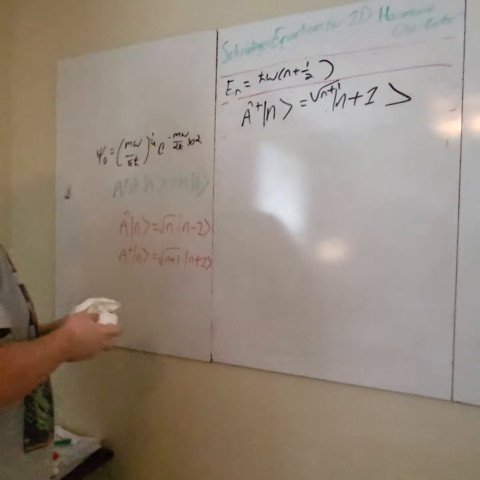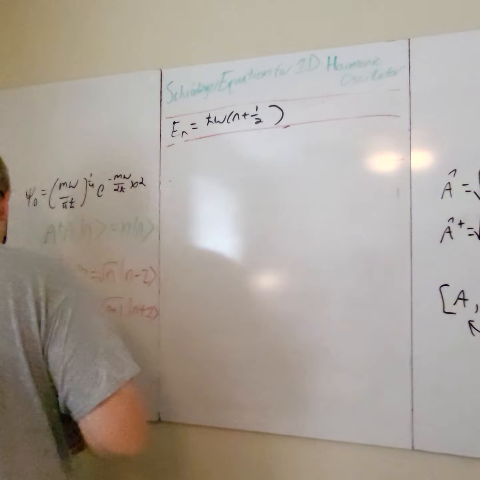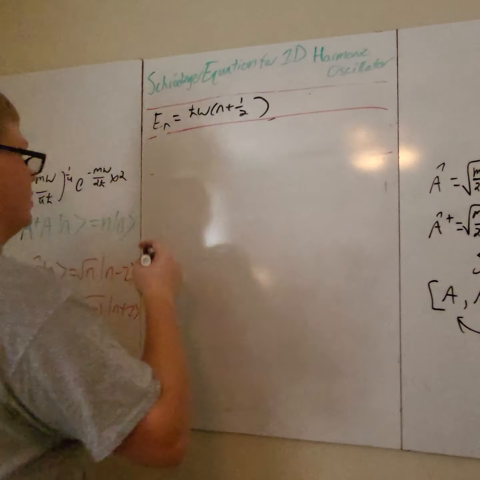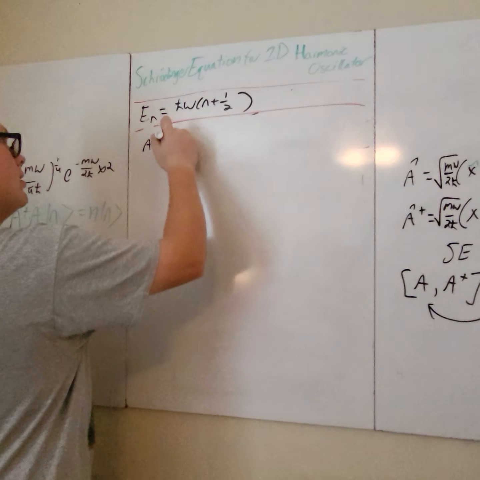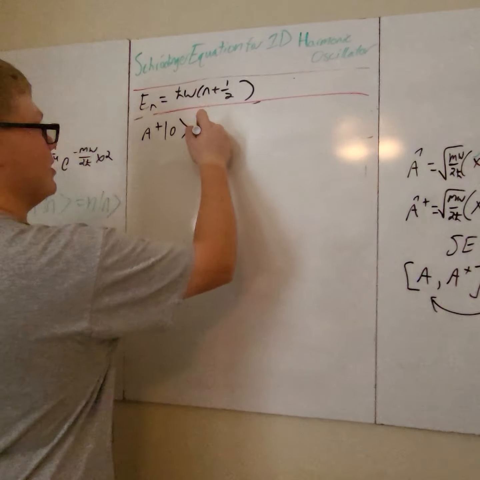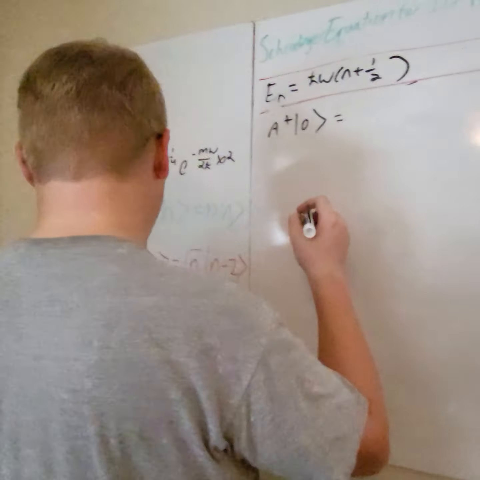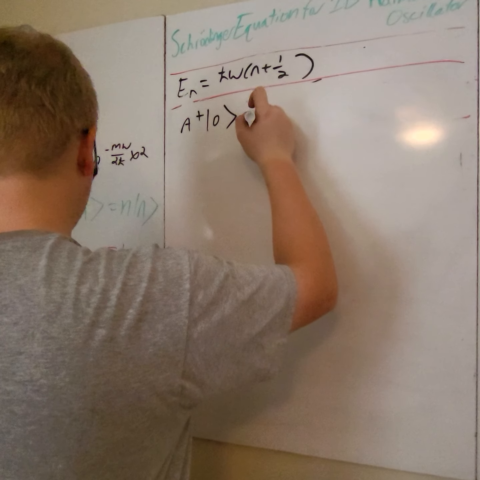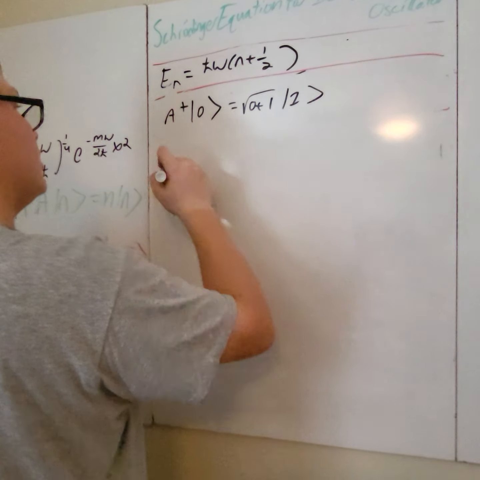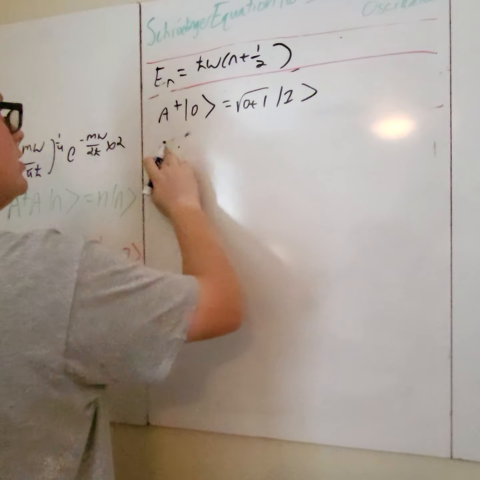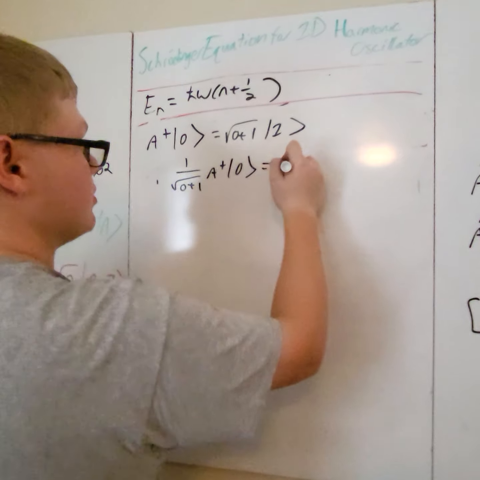Well, that one particularly allows us to do a trick. Let's start with the ground state. It's going to act on the ground state, which we know is that right there, equals 0 plus 1, 1. And then we know that A plus applied to 0 gives the next state.